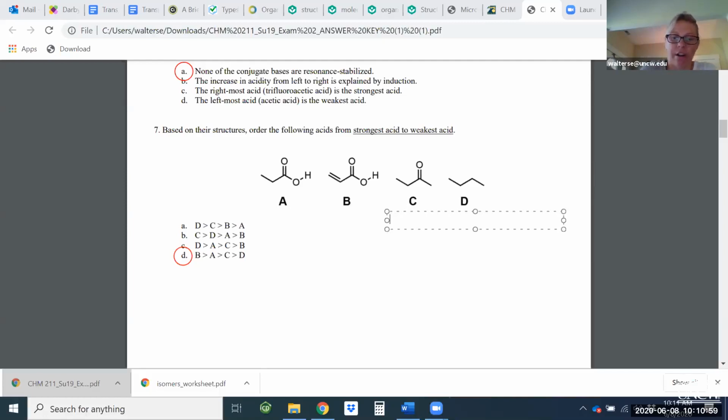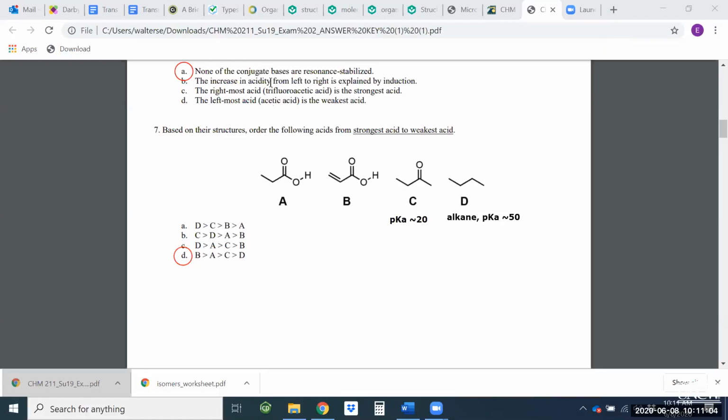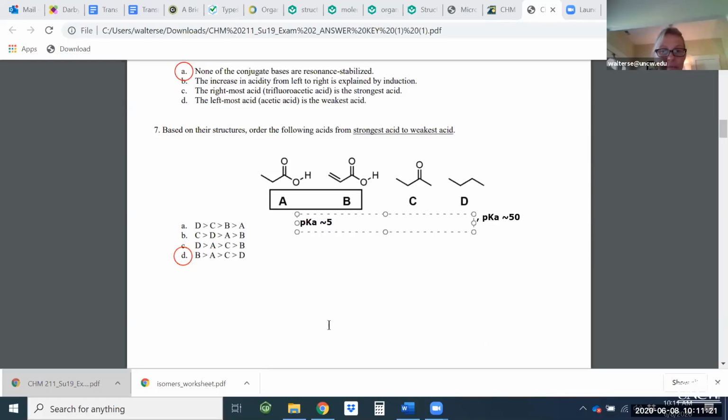But if you wanted to confirm, so this is a ketone. Ketones are about 20. Now A and B, these are carboxylic acids, with a pKa about 5.